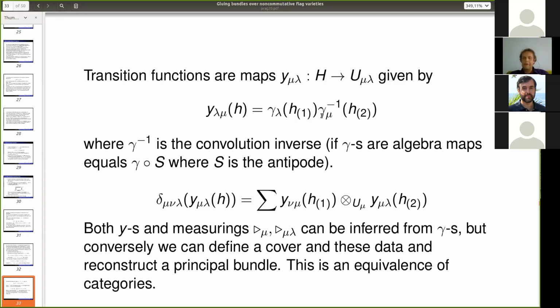In the commutative case, gamma comes from a local section. So if you have two local sections, you compare them, you get a transition function. Here you dualize, and in this combination you get some sort of dual transition functions, and they satisfy a cocycle condition in this special case. This is most of the time enough. It looks very similar to the classical case.